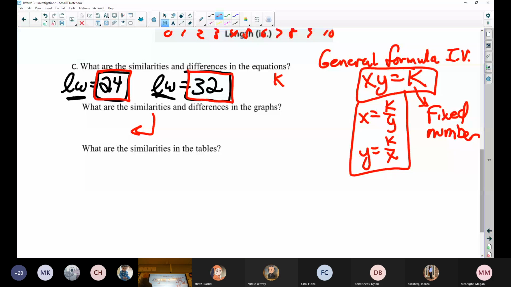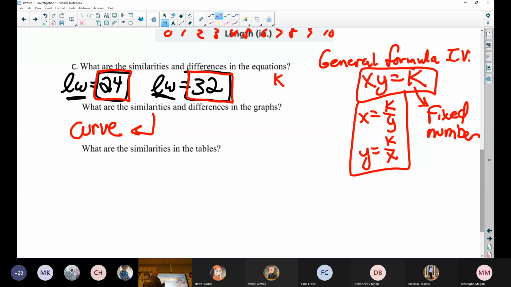I'm trying to pull the word out of you. It's both a curve, right? Don't they both curve? They kind of come down like this. Ooh, how come that line didn't show up on the board? Like that, right? So they both curve.